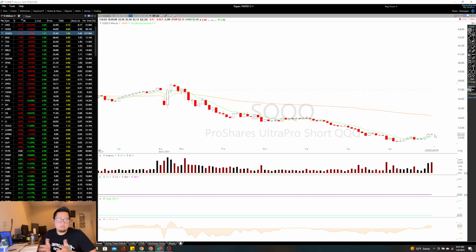If you think of it like that, you would make a decision based on your risk management, and probably just sit out altogether. But anyway, that's the 9 EMA and the VWAP off of a small chart.